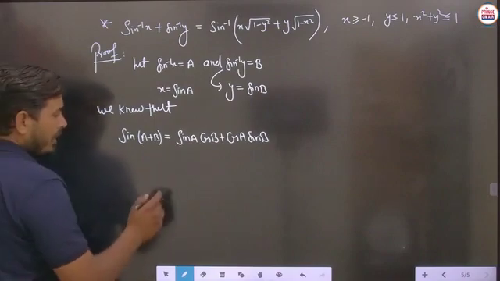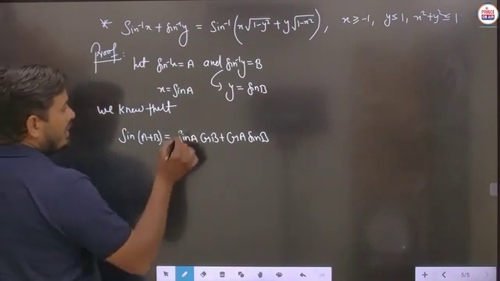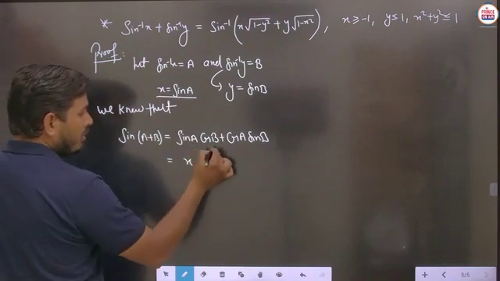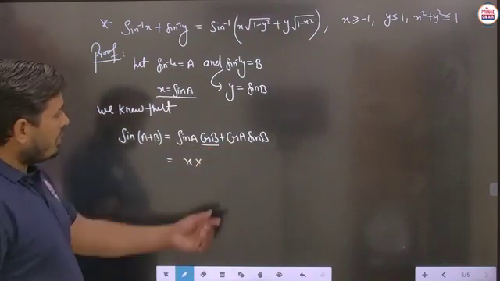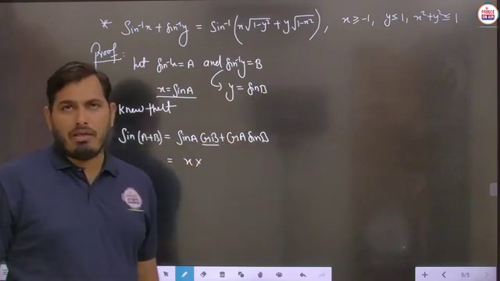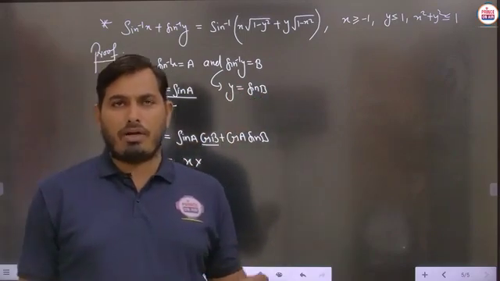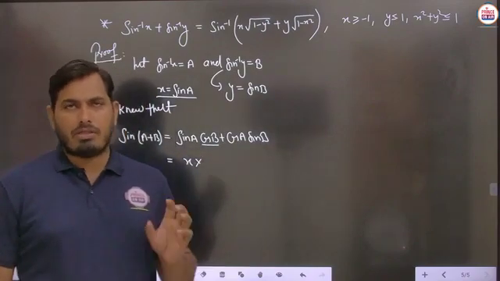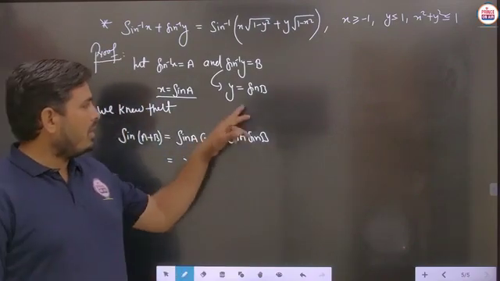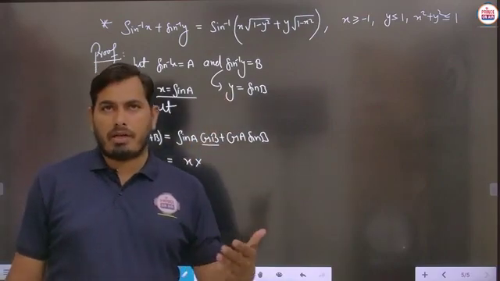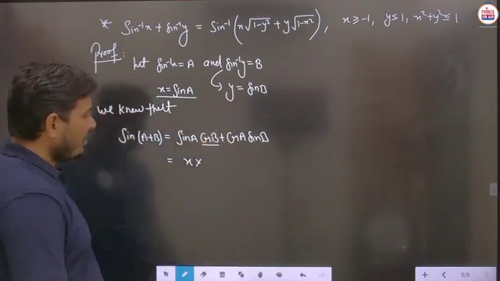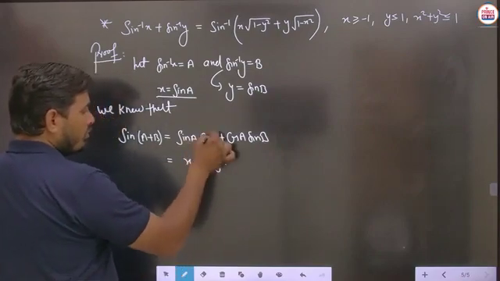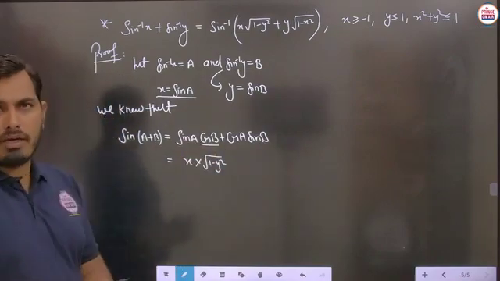So now one important thing here: sin A you can write as x, but what should be the value of cos B? You know very well sin B is y, then what is cos B? You know sin square theta plus cos square theta equals 1. This is the standard identity. So by using the identity you can write the value of cos B as square root of 1 minus y square.